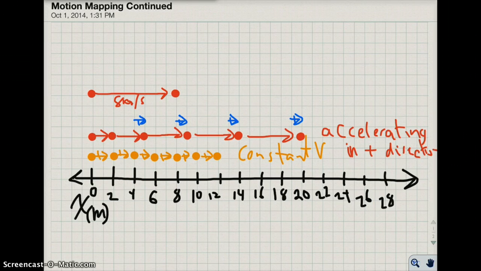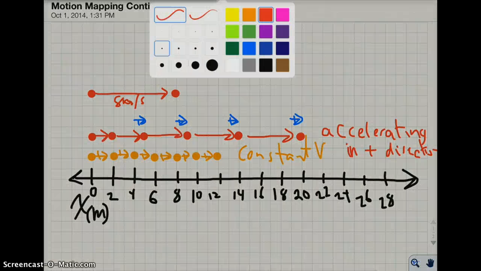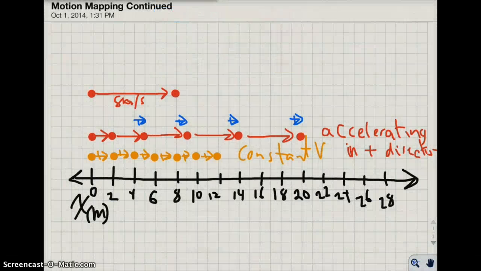Great. And then in the second, instead of going 8 meters, it only goes 7 meters. And so I end up here. In the third second, it only goes 6 meters. And the next second, it only goes 5 meters.